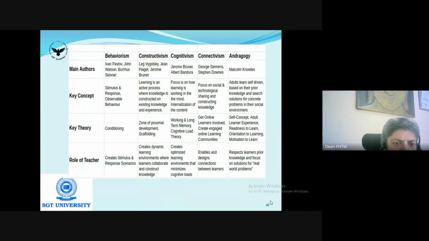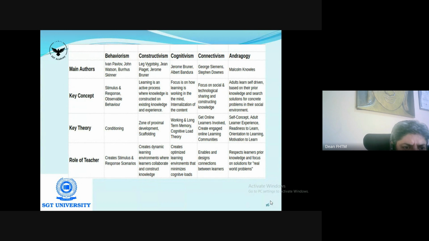Constructivism is put forward by Lev Vygotsky, Jean Piaget, Jerome Bruner. Cognitivism is put forward by Jerome Bruner, Albert Bandura. Connectivism theory is put forward by George Siemens and Stephen Downes. And more information about andragogy is available from Malcolm Knowles.